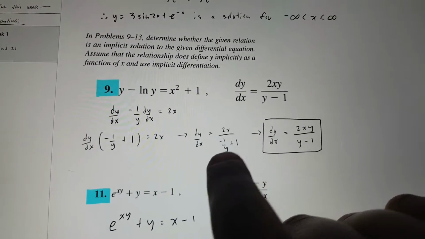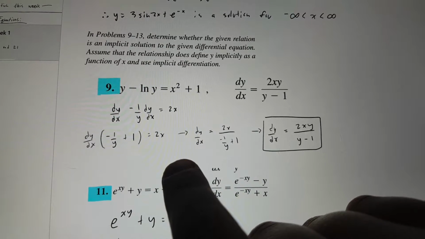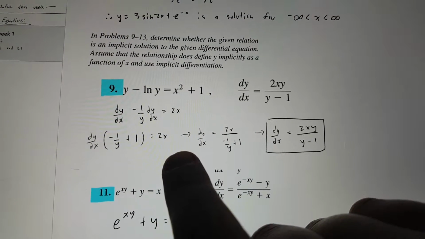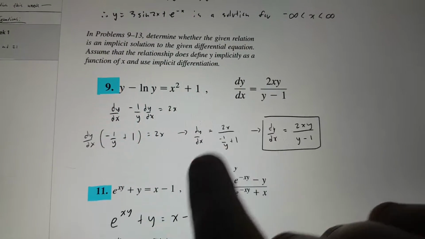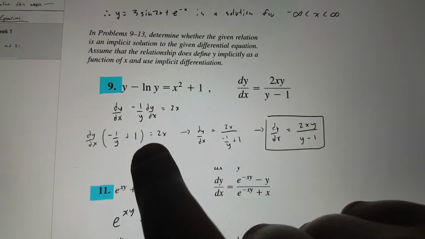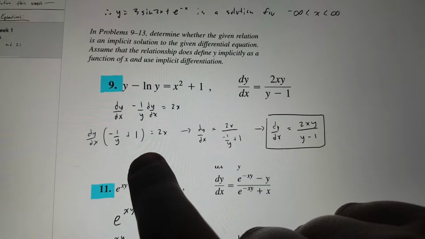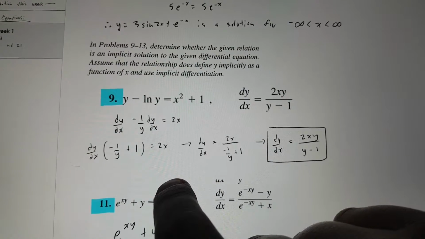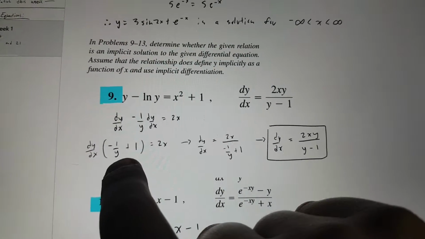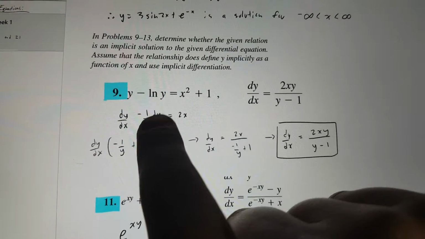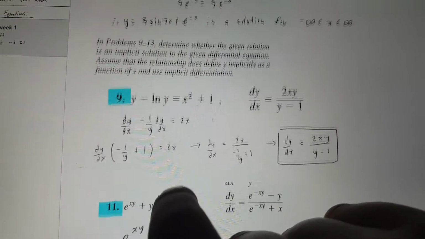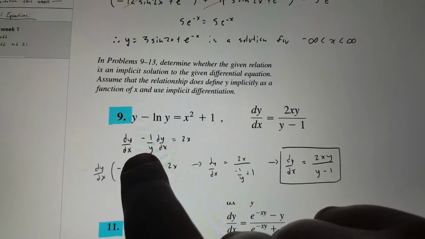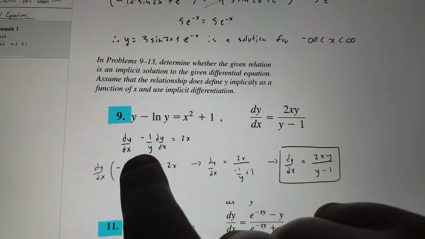Okay, so keep going. What we're doing here, so we got dy/dx equals this thing. So I took this one here, dy/dx, took the derivative of this with respect to x.